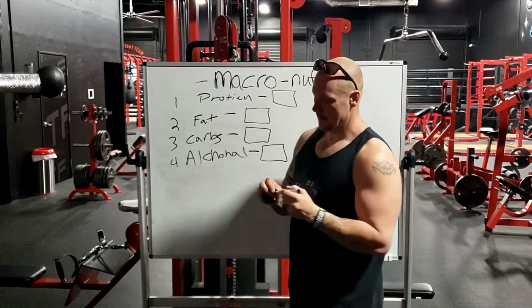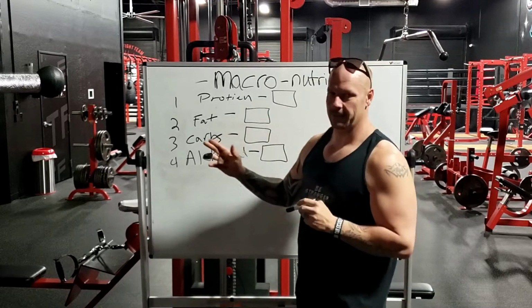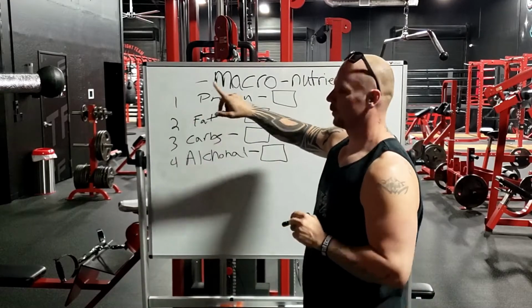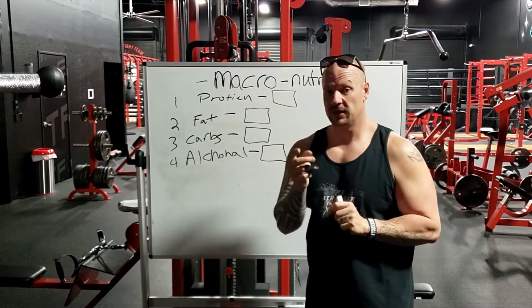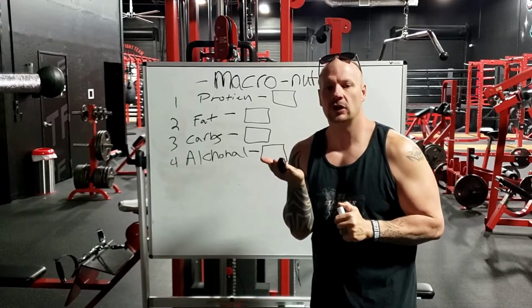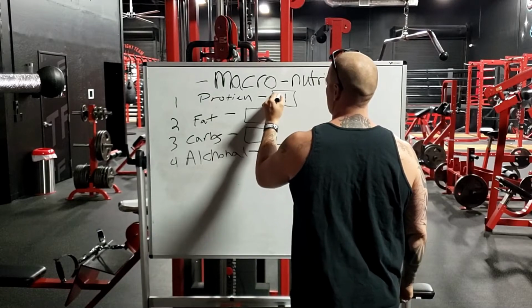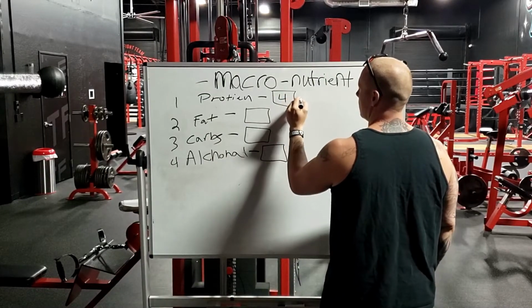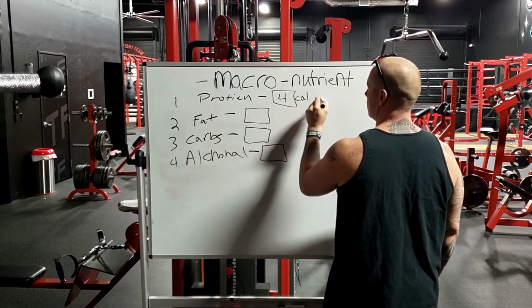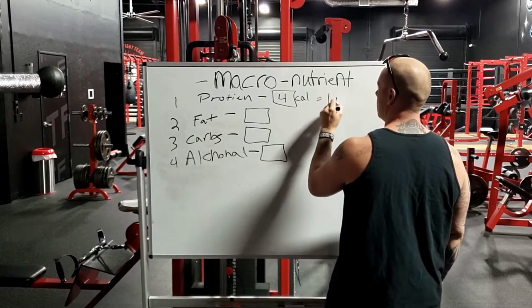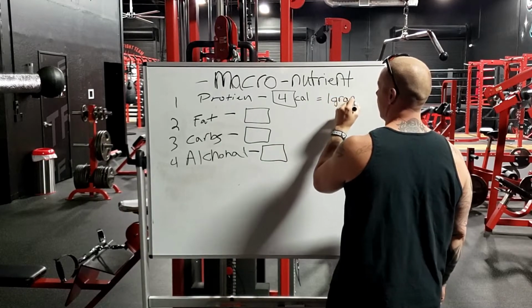Meaning, per gram, for 1 gram of protein, like a weight of a gram, is going to be 4 calories. We'll say 4 calories equals 1 gram, okay?